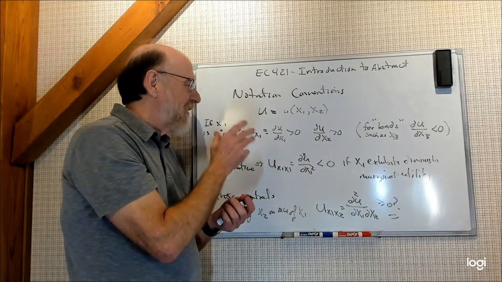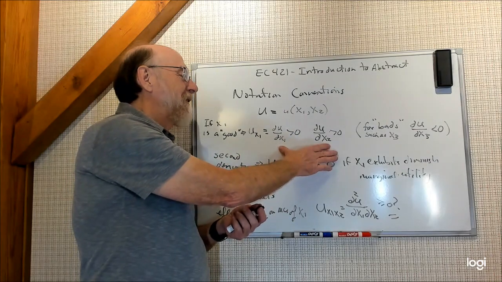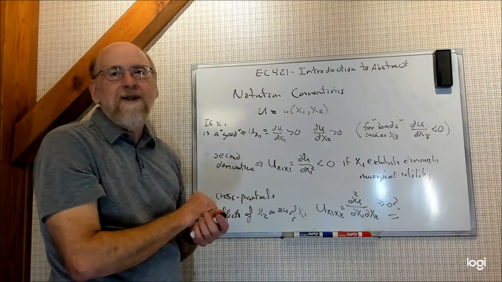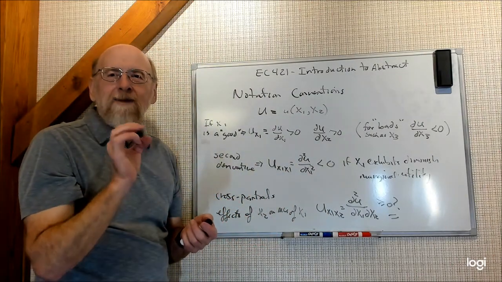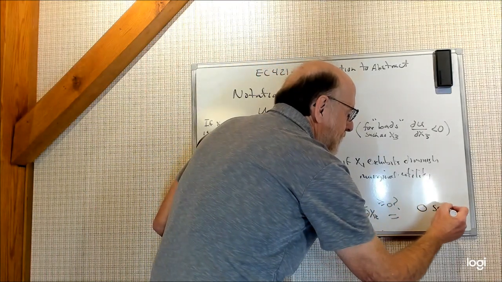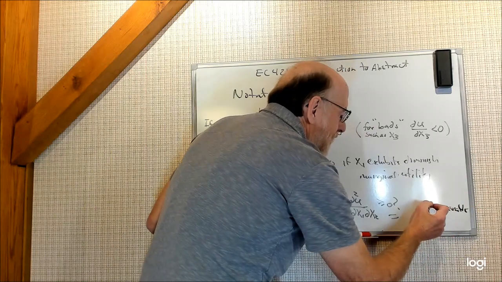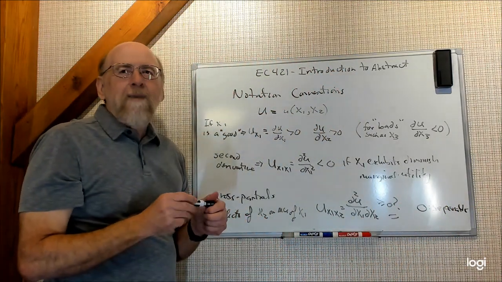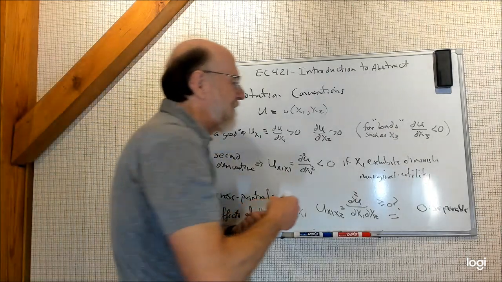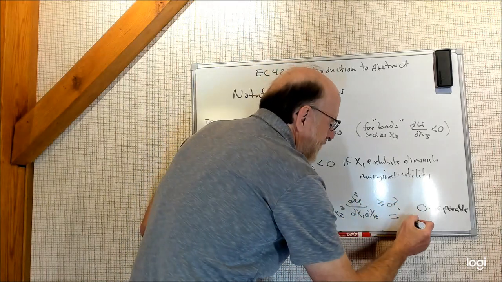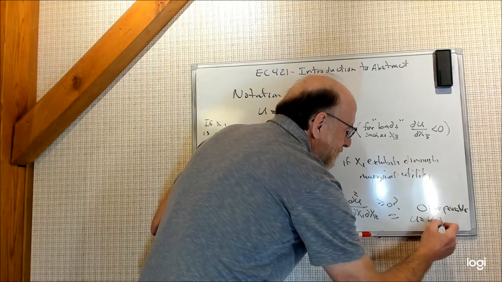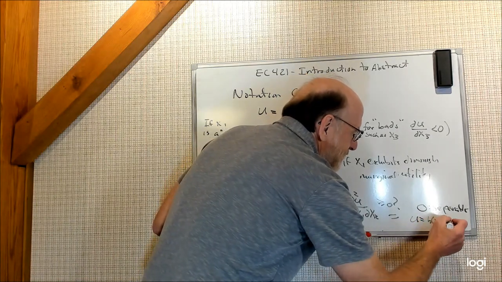For strictly concave functions, typically the first derivatives are positive, second derivative is negative, cross partials are usually positive or zero. Now, if the cross partials are zero, then the function is said to be separable. Okay, so a function that is separable looks kind of like this.